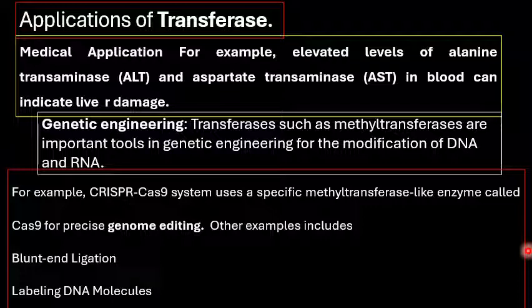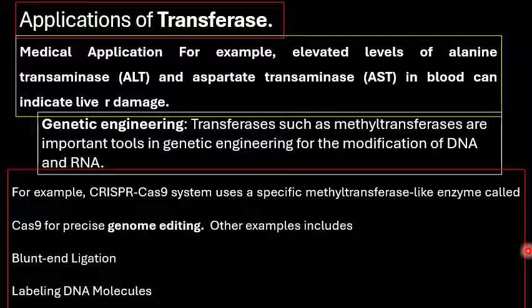But for blunt end ligation, where two DNA fragments with blunt ends need to be joined, transferase usually comes in as a kind of DNA ligase, and it is used in bringing them together. Other enzymes like ligase also feature in this process.